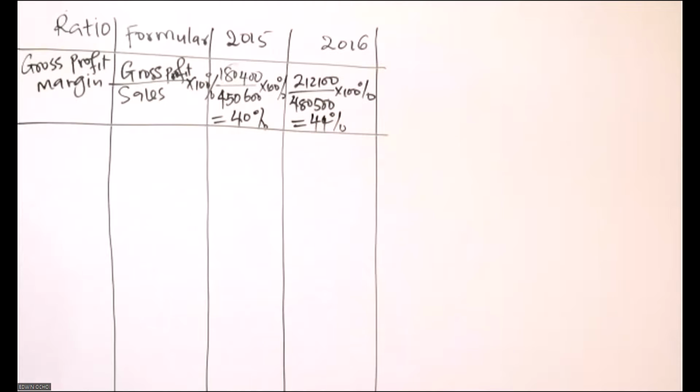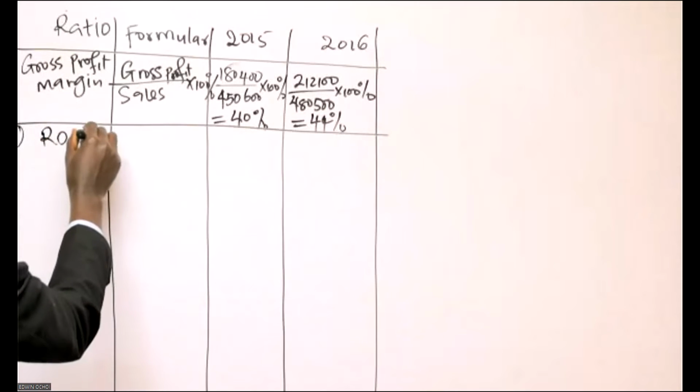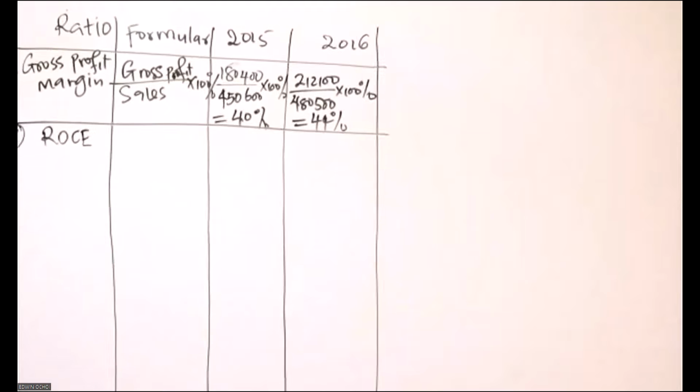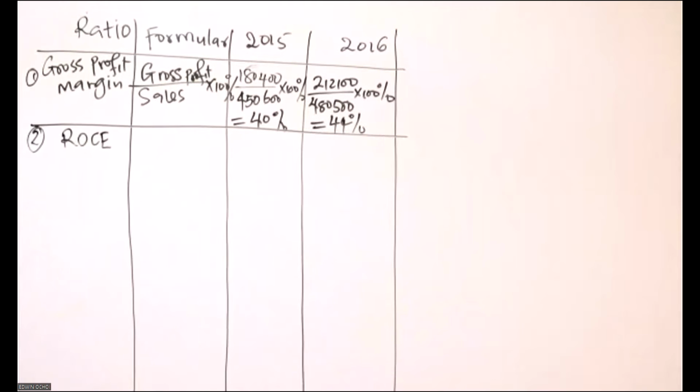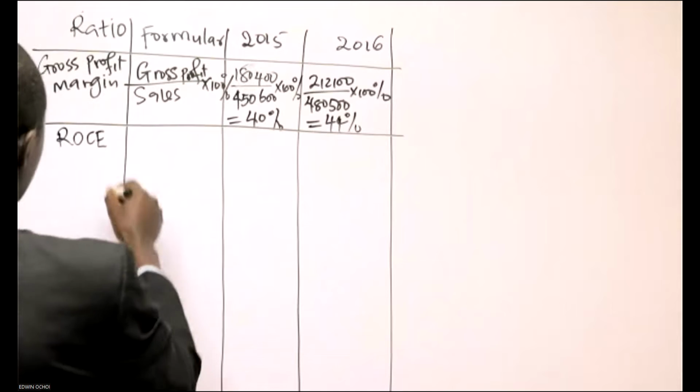The next ratio, so this was the first one, number 1. The next requirement was return on capital employed. Give me the formula for this. Return on capital employed is net profit before interest and tax over capital employed times 100.